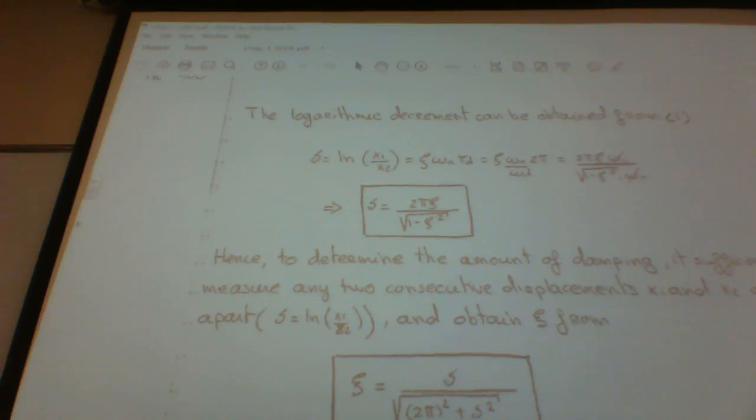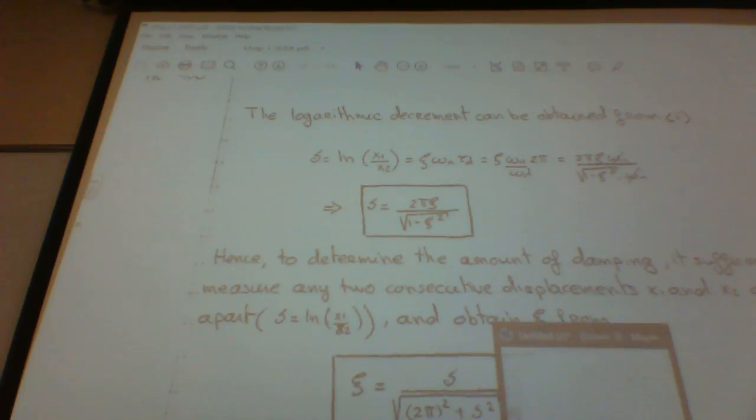All right, so I need to use now the relation. Let me do it symbolic and then we'll put values. I will do delta minus two times pi times psi divided by the square root of 1 minus psi squared. Why is it wrong here?